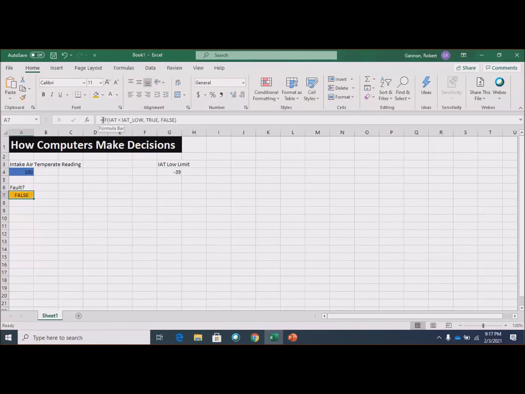So if our IAT right here, 100, is less than our IAT low limit, which is negative 39, then our light does not come on. Here it's 100. Let's make it negative 40. What happens? Bam, our light comes on because we're now lower than that low limit.